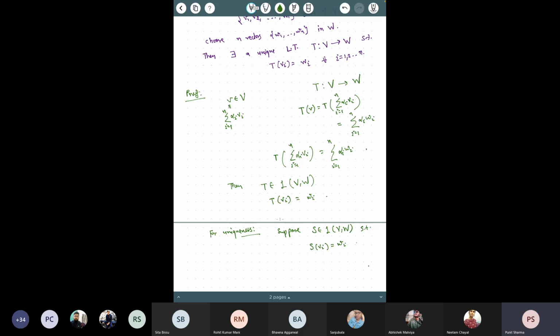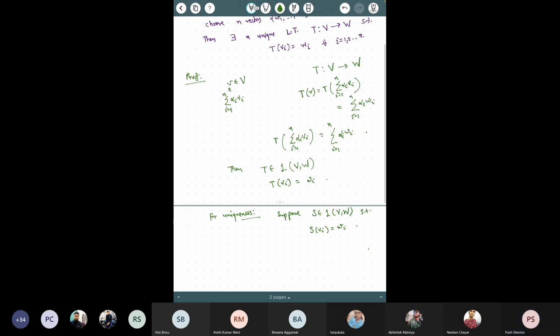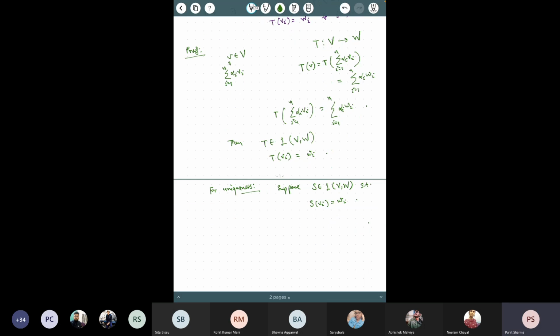Now you show that this S is actually equal to T. You are trying to show that two functions are equal, that both these linear transformations are the same. What do we have to show in order to do that?